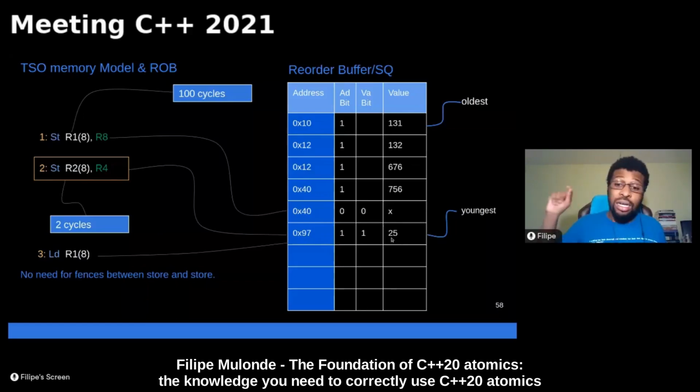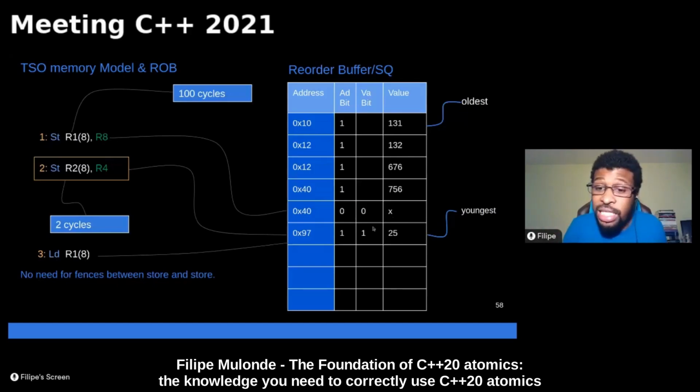But if another instruction in another core tries to load a value from the same address, it needs to go to memory and it will load a different value. And here I have a bug: the load should be register number 2, to be equal to the second instruction. Sorry for that. So this is how two threads can have different points of view on how memory operations took place, because one has direct access to the reorder buffer, but the other has no access to the reorder buffer and needs to go to memory.